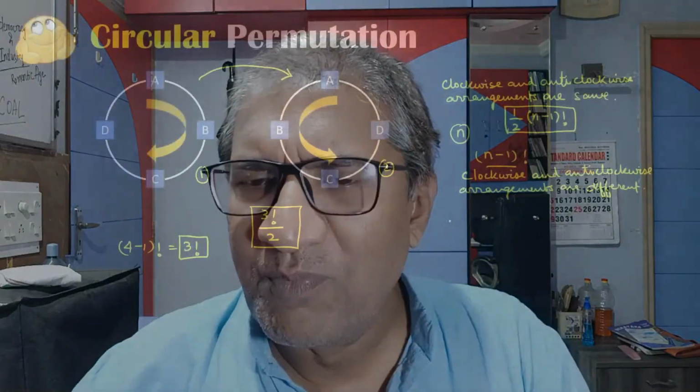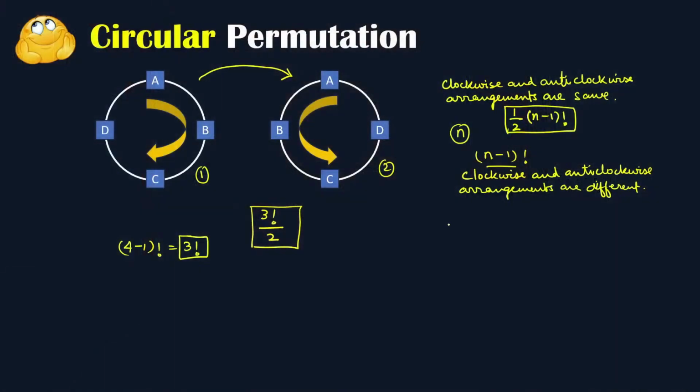So we can generalize this formula in this way also. If there are n distinct objects, out of which you are taking r at a time, and you are permuting them in a circular arrangement, and clockwise and anti-clockwise arrangements are same, then the total number of circular permutations will be nPr divided by 2r.